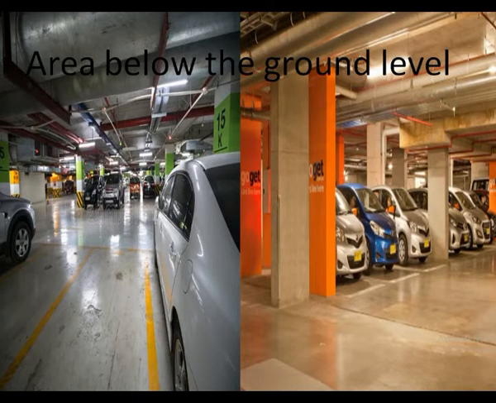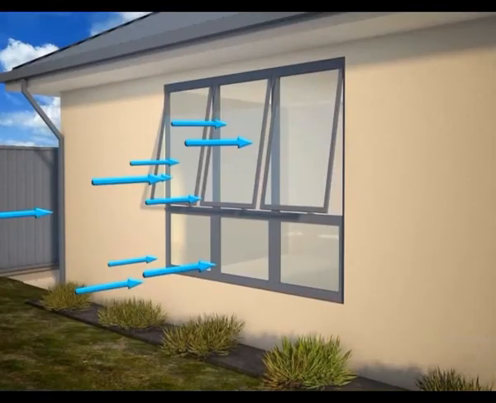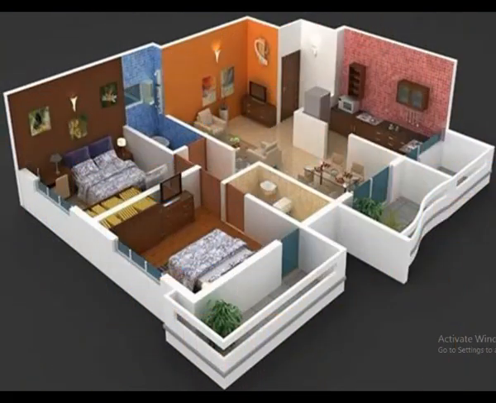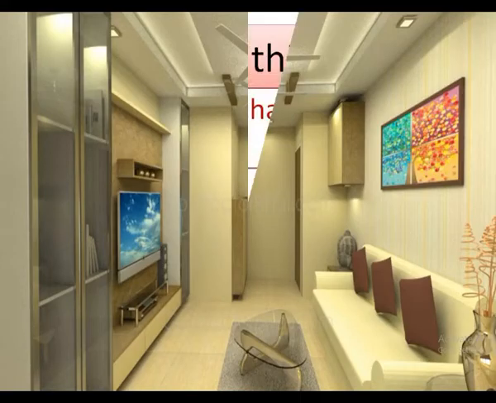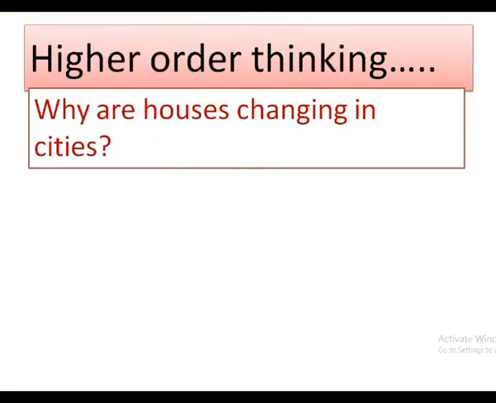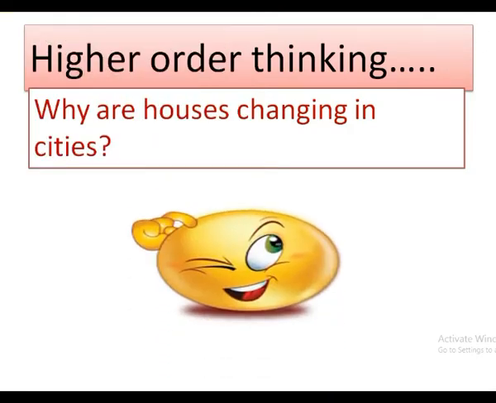Okay. See, now old houses used to have ventilators. Ventilators, what it means? Well, it means a small window near a ceiling so that air can pass. But in separate flats, they don't have ventilator. Now, why are the houses changing in cities? Think about it.